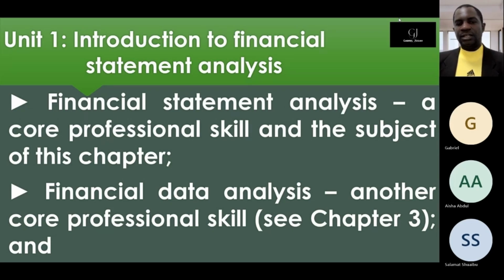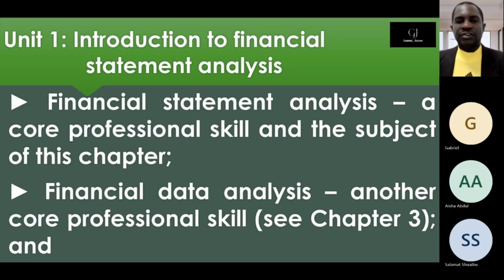And chapter 3, financial data analysis, is another one where the examiner gravitates towards. Requirement 2 mostly comes from financial data analysis. So take note of this.